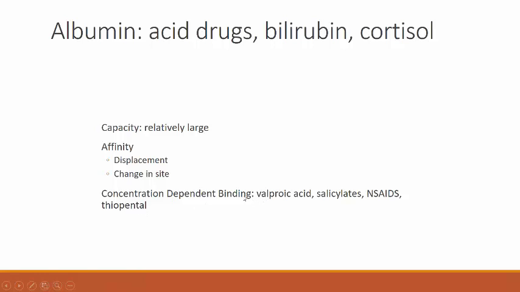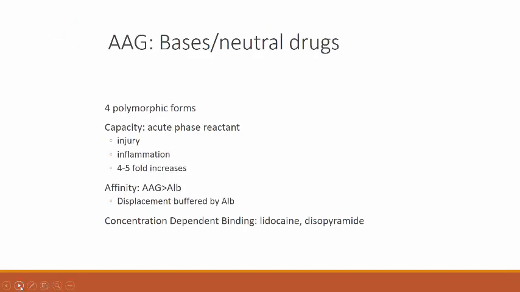So as your concentration goes up, your fraction unbound is going up, and it's going to be a logarithmic increase because you're not only increasing your concentration, but you're increasing the free fraction, which is, remember, the active component of the drug. So that can be quite dangerous.